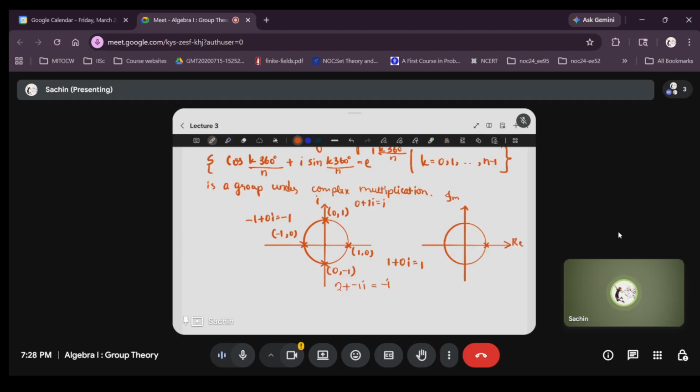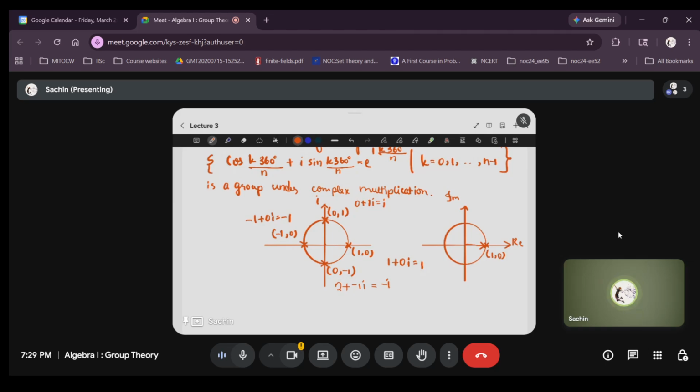Anyway, 1 comma 0, which is 1, is always an nth root of 1, because 1 power n is 1 for any positive integer n. So that will be a root. Then, if you want to find the nth roots of unity, you take the line joining the origin and this 1 comma 0 and rotate it by 360 degrees by n.